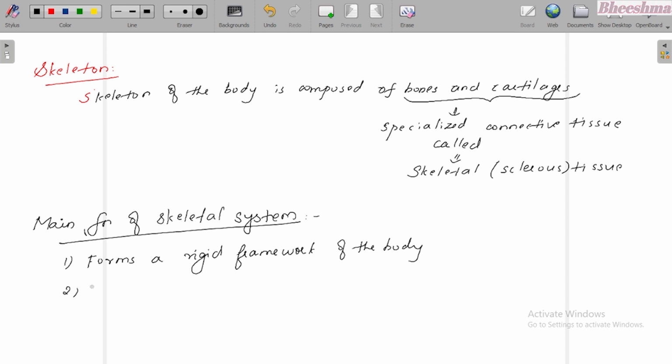Next one, provides protection to the viscera.